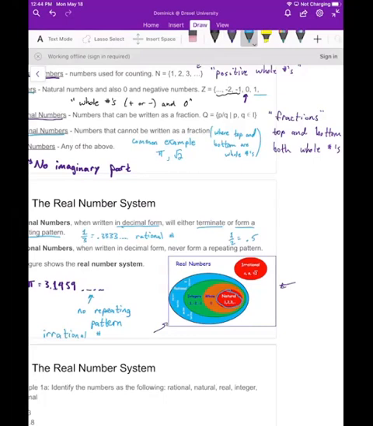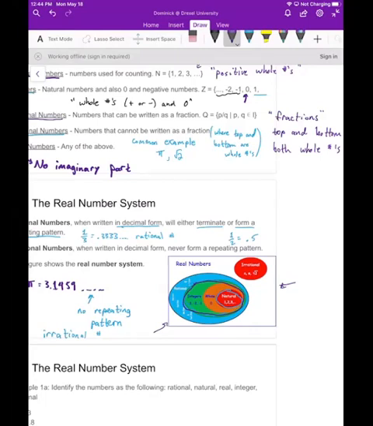In this diagram, they sort of consider integers and whole numbers as being separate, but the important thing here is that the natural numbers are contained inside of the integers. Right? So the natural numbers are included in the set of integers, right?